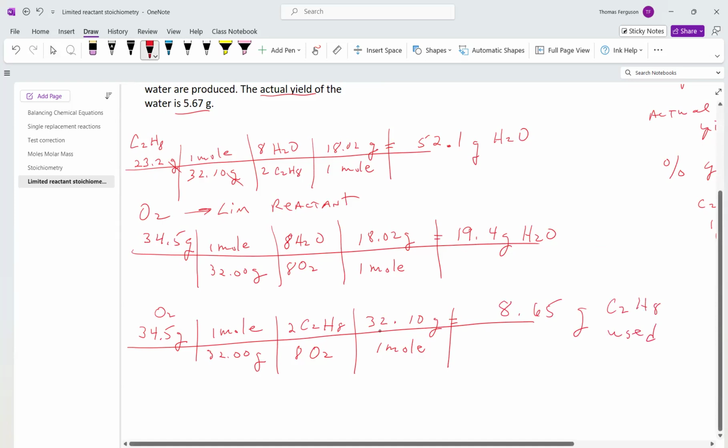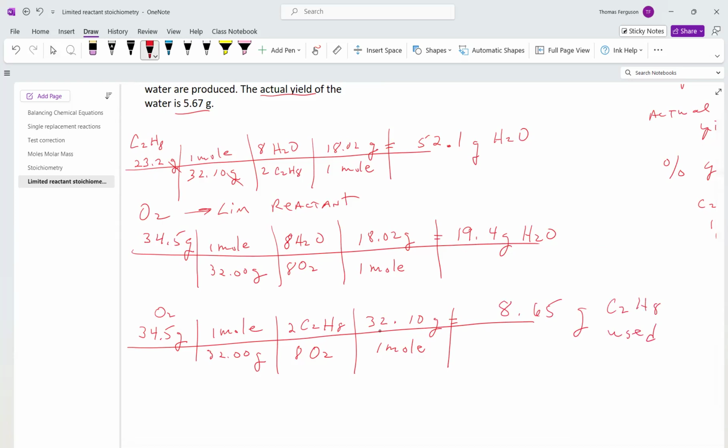Okay, so we've used a little over eight grams, but we started with 23. So how much is left over?